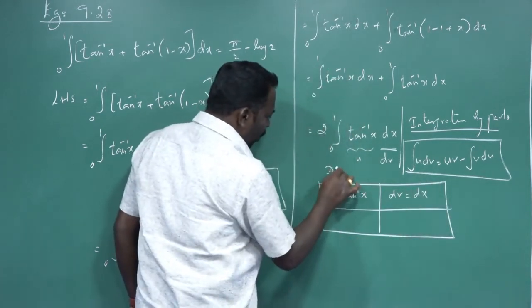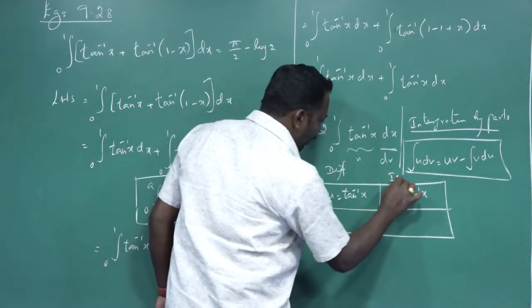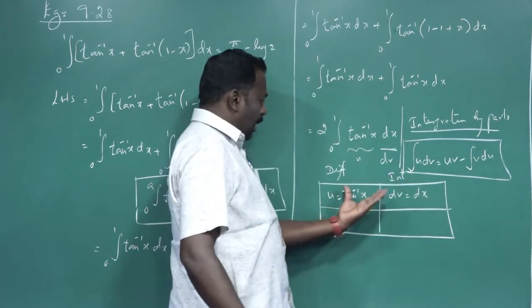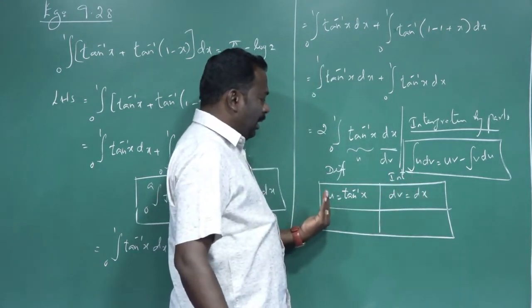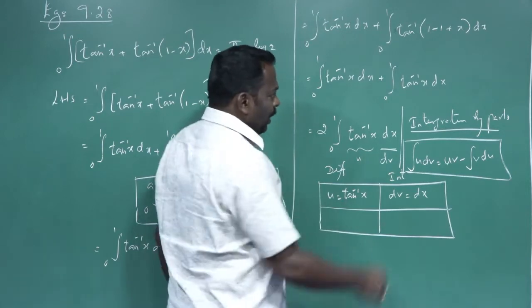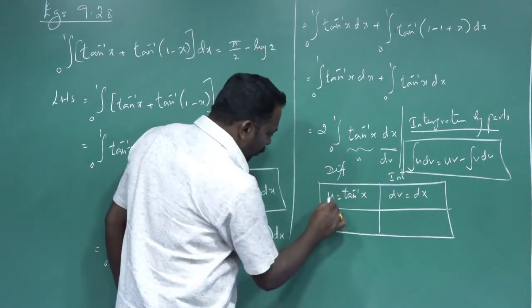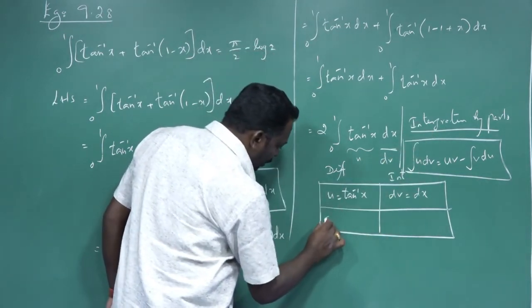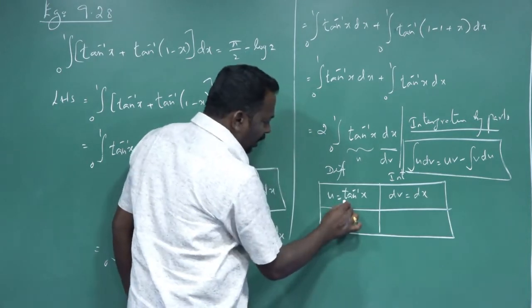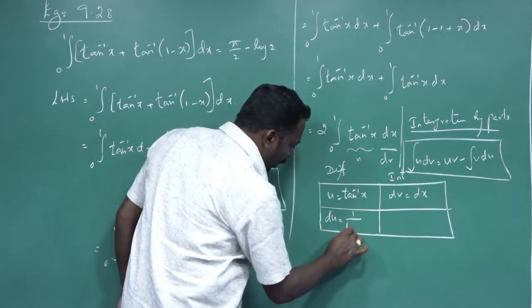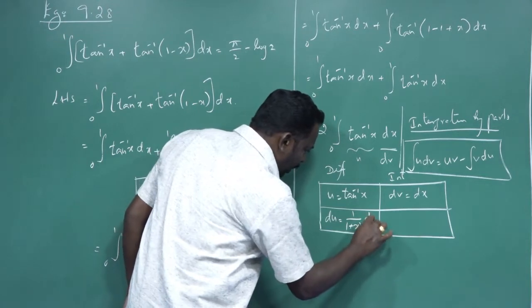Now this side we have to differentiate, this side we want to integrate. Partly integration, partly differentiation, that is integration by parts. Therefore differentiation of u is du, and differentiation of tan inverse of x equals 1 by 1 plus x square dx.